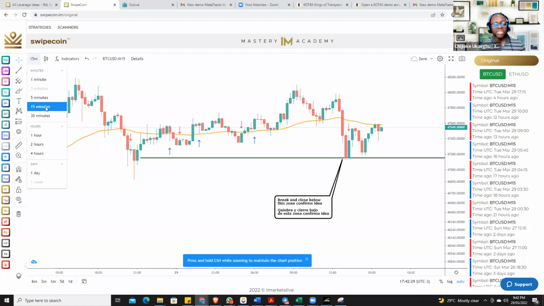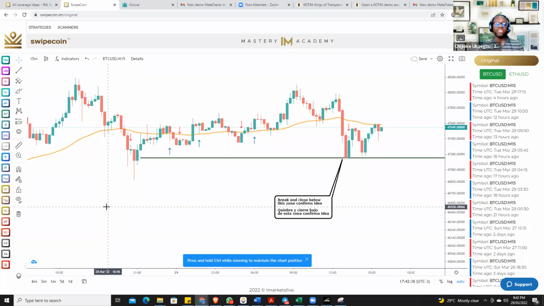So what this 15 minutes does for us is it tells us that each red bar or each green bar represents how price moved over the last 15 minutes. If I change this to some other time interval, you will still see red and green bars, but they will no longer be for 15 minutes. They will be for whatever other time frame I've changed it to. So just recognize that each red bar or each green bar represents 15 minutes of price movement.